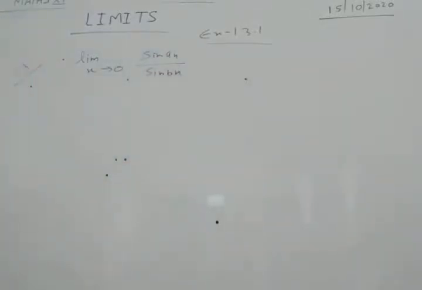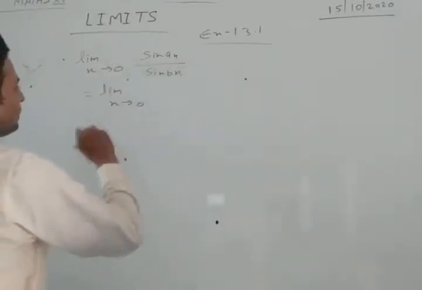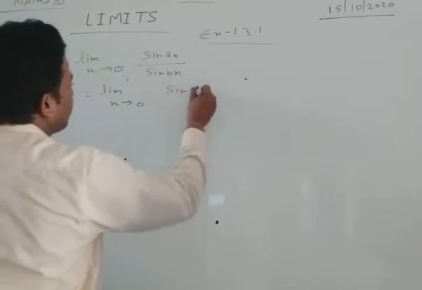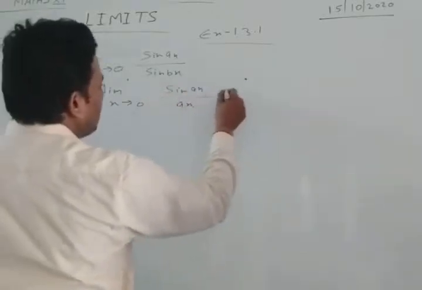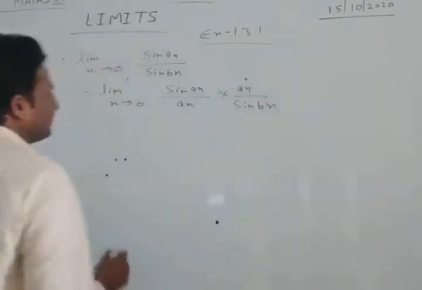So we will change this: limit x tends to 0 of sin ax by ax, into ax by sin bx.